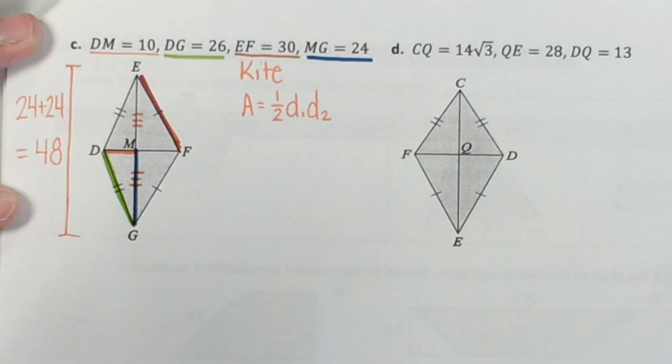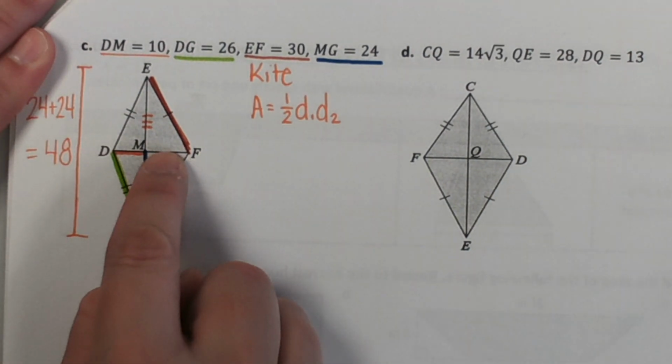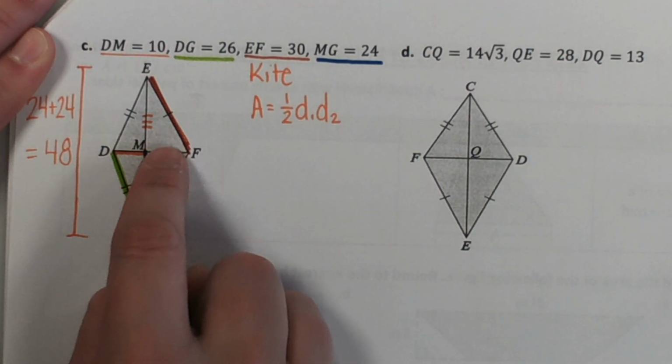Do we have to do Pythagorean theorem to find the other diagonal? Yes. We weren't there yet, but yes. To get the other diagonal, I want to add up this length and this length, but I don't know that length.